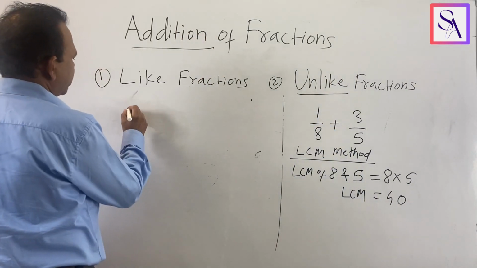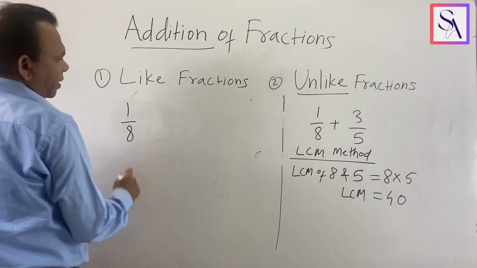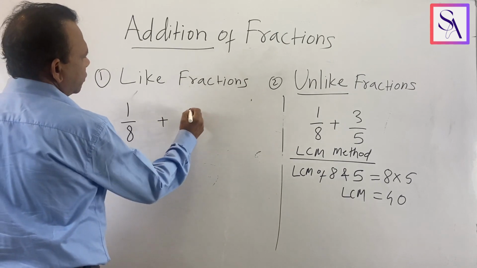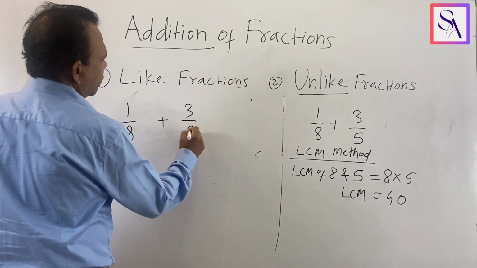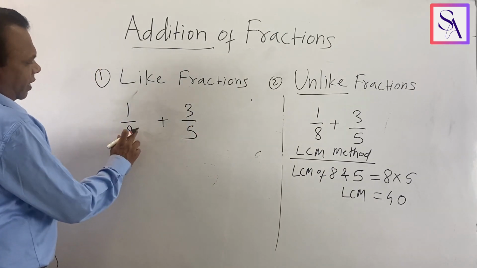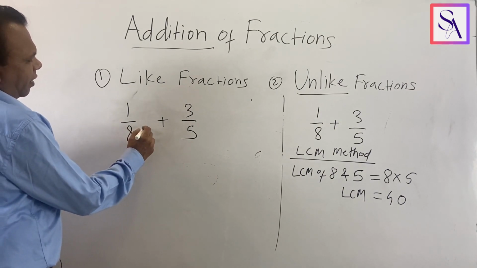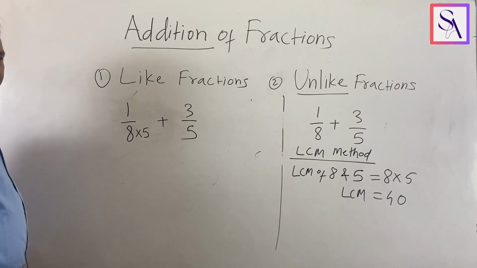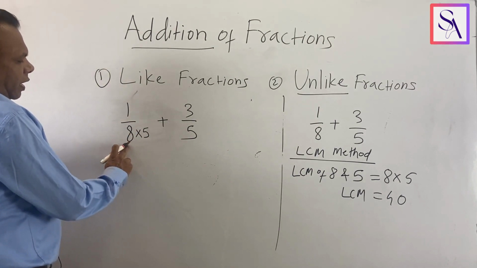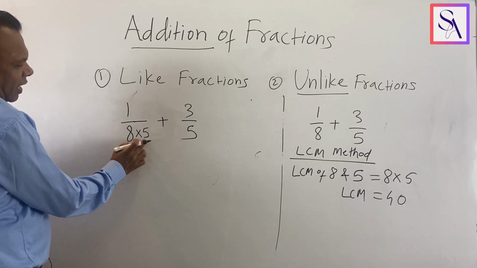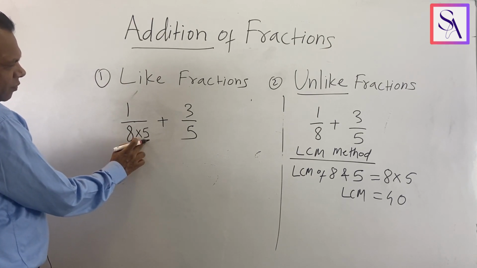So now LCM came 40, right? To make here 40, I have to multiply this 8 by 5. If I want to make this denominator 40, I have to multiply this 8 by 5.